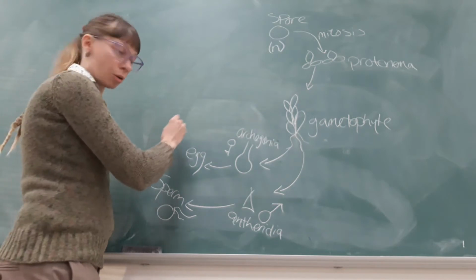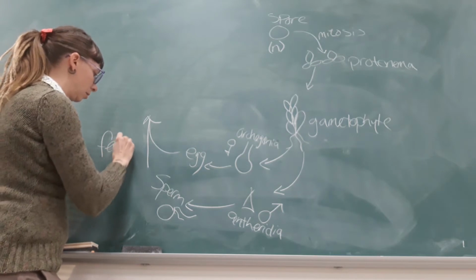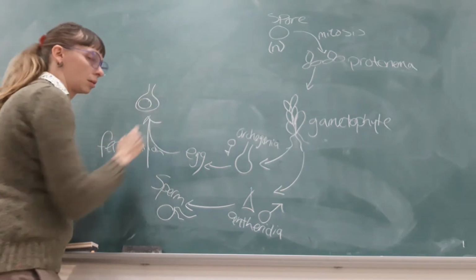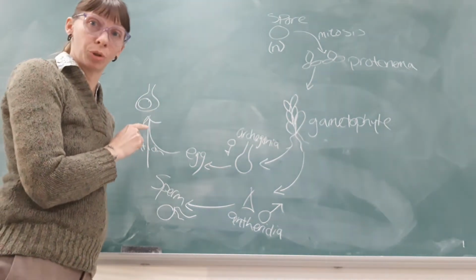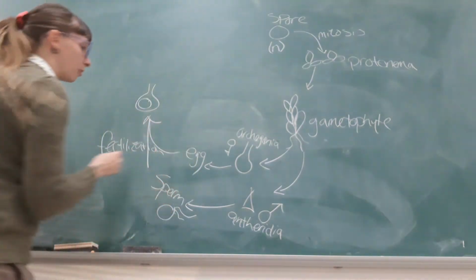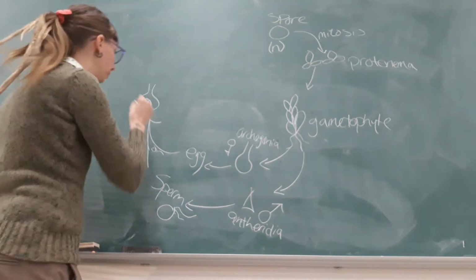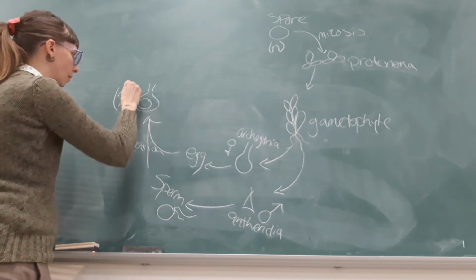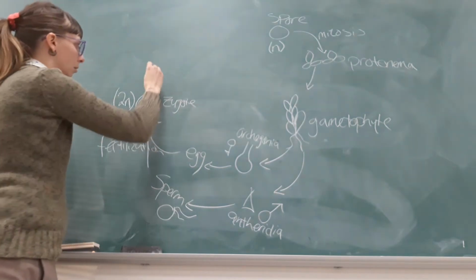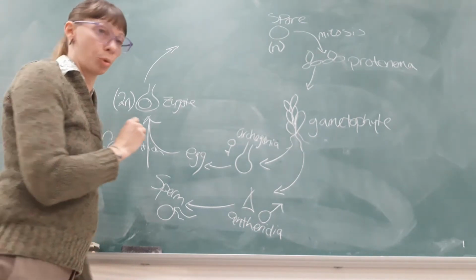The sperm and egg are going to fertilize to create a zygote. And our zygote is now diploid, which means it has a copy of paired chromosomes. So we've got 1 set of paired chromosomes, and we designate that by saying it's 2N. The zygote is going to undergo mitosis to produce the sporophyte.